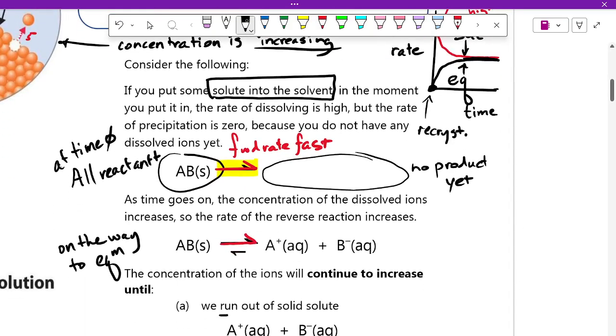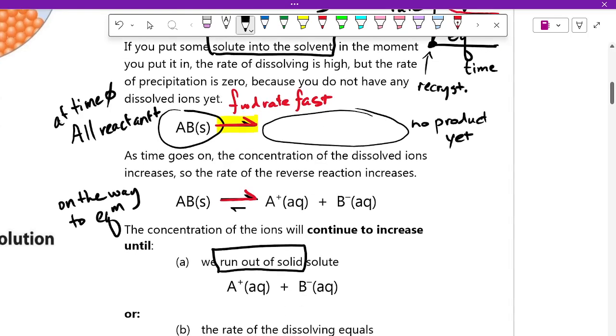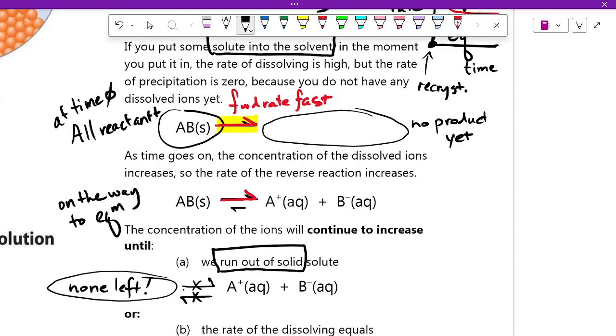Or what happens if we run out of solid? It's going to remain unsaturated, because we can't go forward, and if we're not saturated yet, it won't go backward. So what would our rates look like under those conditions?